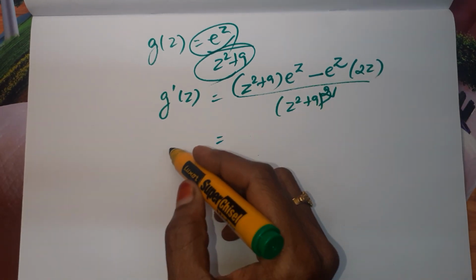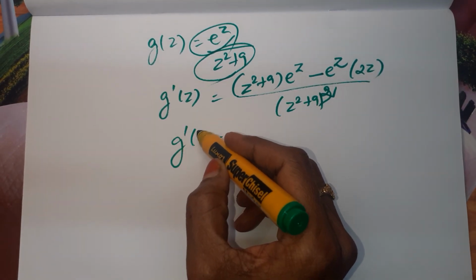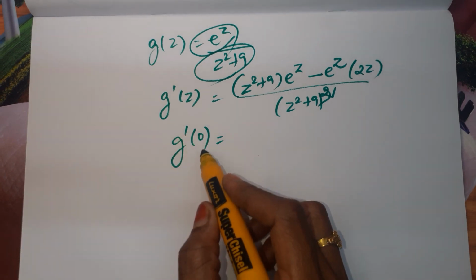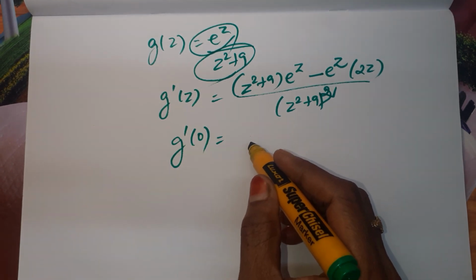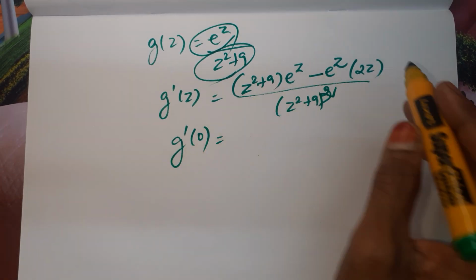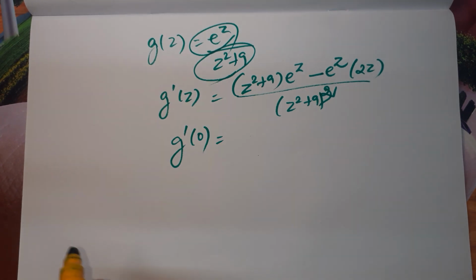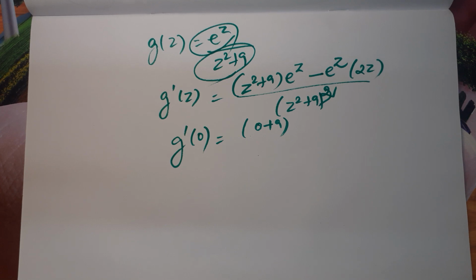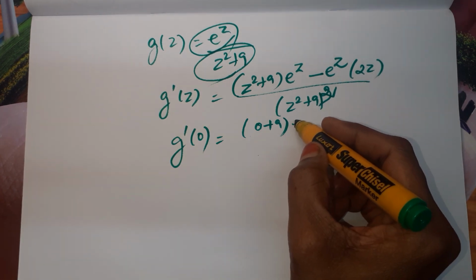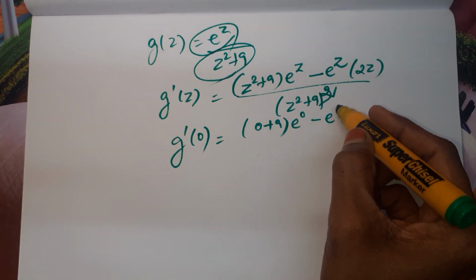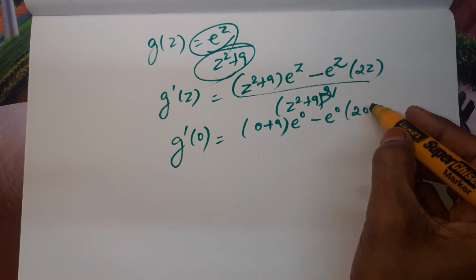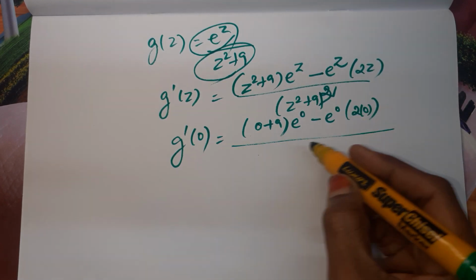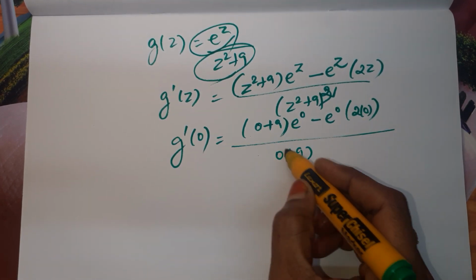We need not simplify this because we are going to replace z by 0. g dash of 0 only we are going to find, so no need to simplify, just replacing z by 0. So this is 0 plus 9, e power 0 minus e power 0 into 2z into 0, by 0 plus 9 the whole square.